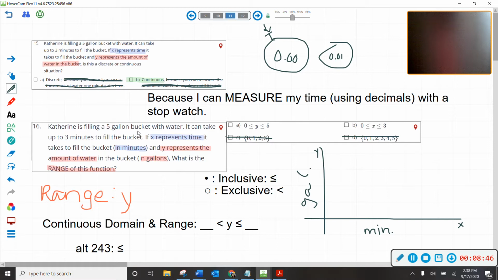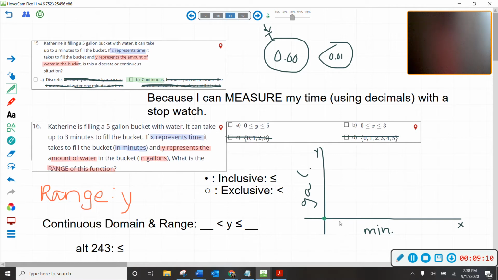In this case, whenever I am at 0 minutes, because what's happening here is they are filling up a bucket with water, at 0 minutes, how much water do you think I got? Let's go with green. Well, I have no water. My bucket is empty. So I'm going to put a little dot right there.